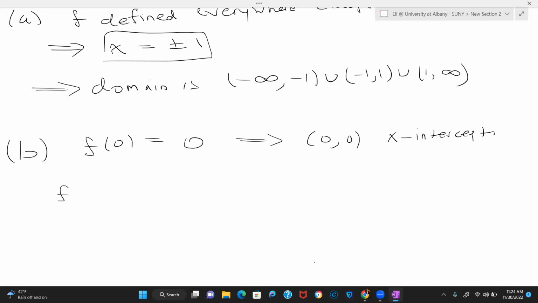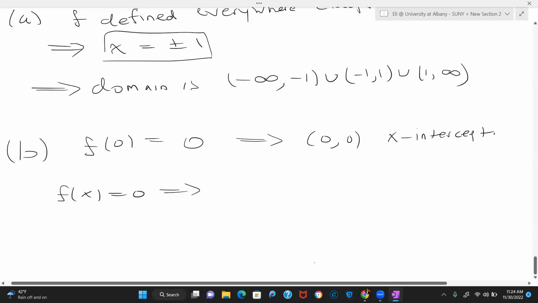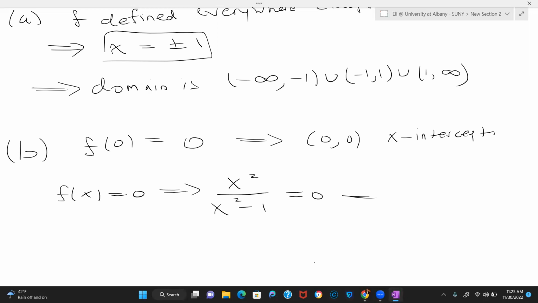And if you set the function equal to 0, that's the same thing as saying x squared over x squared minus 1 is equal to 0. And of course that implies that the numerator is 0, so x squared is 0, but that's only the case when x is 0. So this same point, 0, 0 is also the x-intercept.